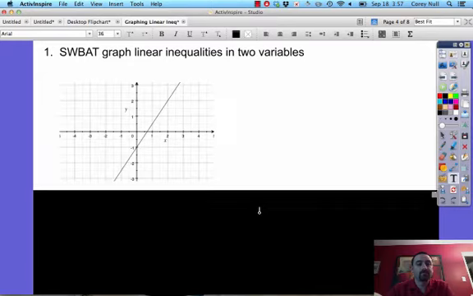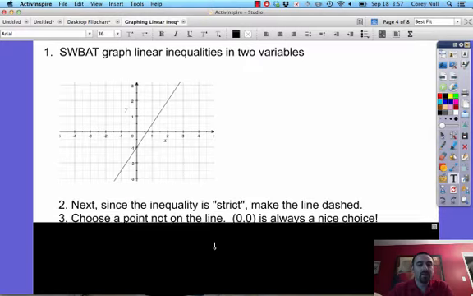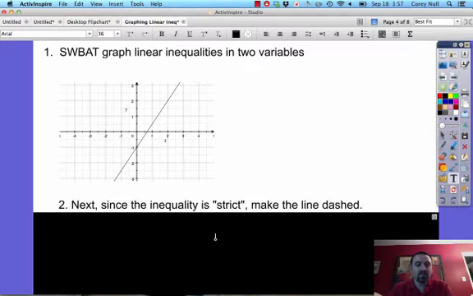Here's what I get. Pretty straightforward. Here's my x-intercept, 2/3, and here's my y-intercept, negative 1. Now, since the inequality is, quote, strict, we're going to make the line dashed.